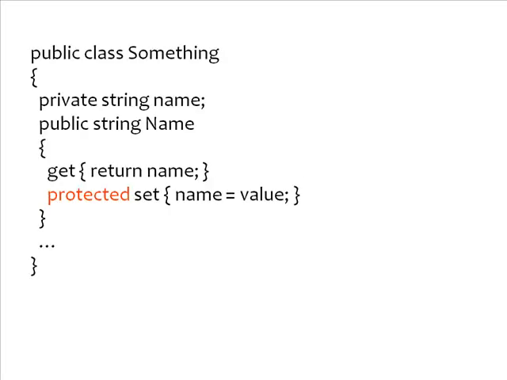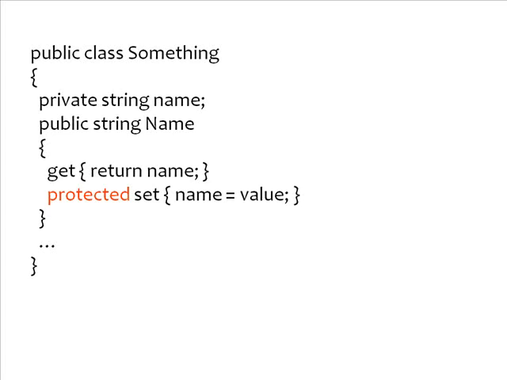We're talking about the property accessors. So get and set are accessors, and we want to be able to change their visibility. It used to be the case that when you had a property, whatever the visibility of that property was, that was the same visibility for both the getter and the setter.